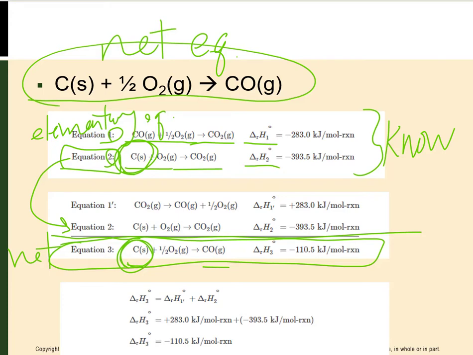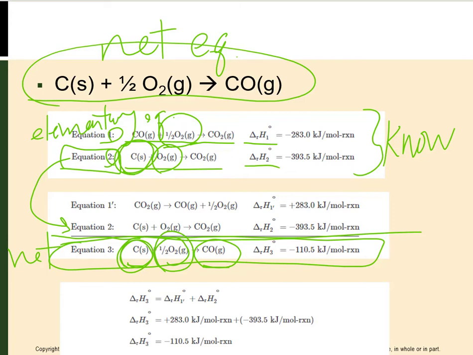Let's look at our next piece on our net equation. I want oxygen on the left. Well, if you look at equation number 1 up here, oxygen is on the left, so we're just going to pass on that one for a second. In my net equation, I need carbon monoxide on the right.